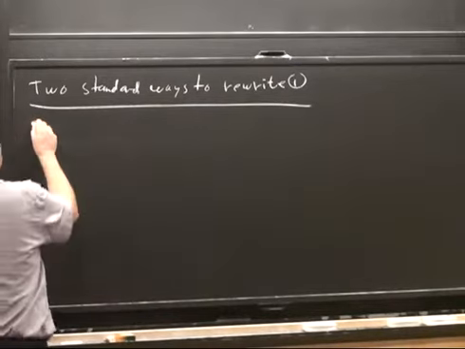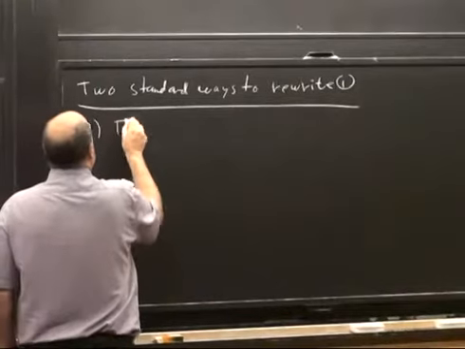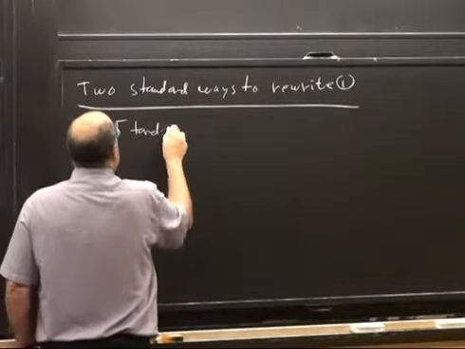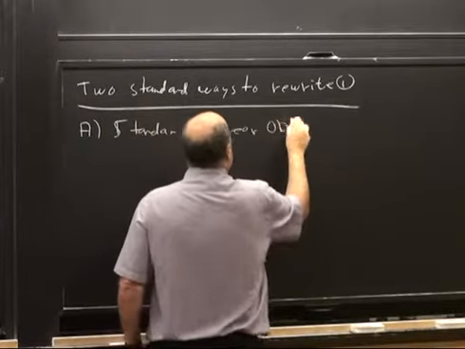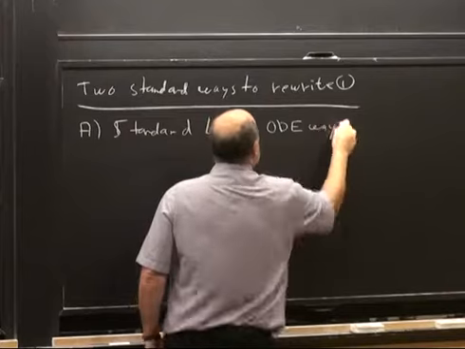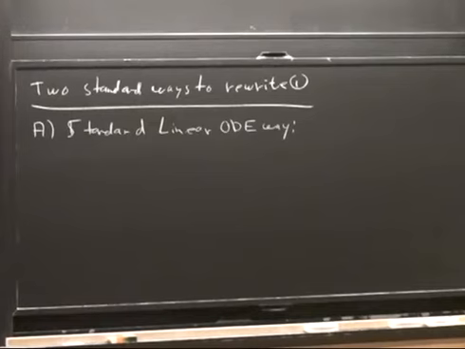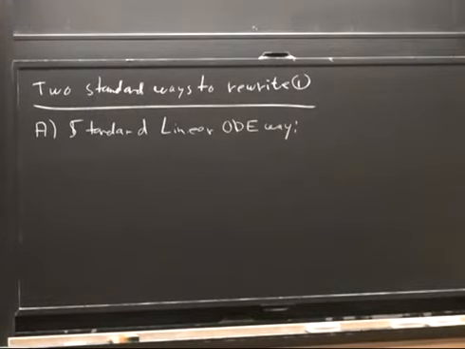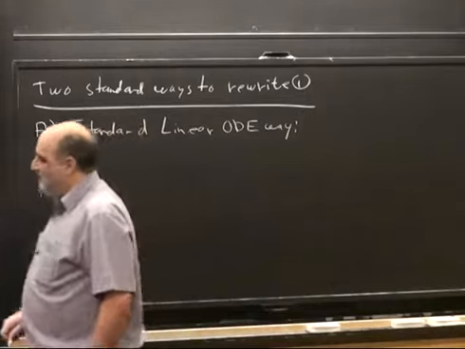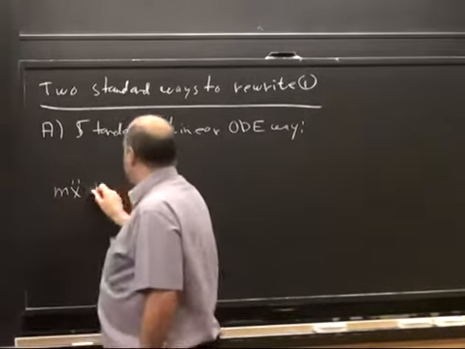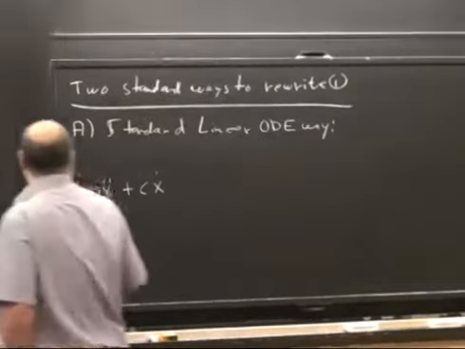So the first way, I'll put like A, is the standard linear ODE way. What that way is, you put all the x stuff on one side of the equation and all the other stuff on the other side. In this case, we have an mx double dot on one side, a plus cx dot, and then a plus kx.